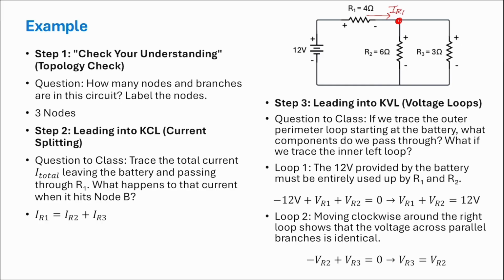It's going into the node, and the 2 currents are going out from it. One is IR2, the other is IR3. So the Kirchhoff current law says the current flowing in, IR1, equals the sum of the currents IR2 and IR3. They must be equal.